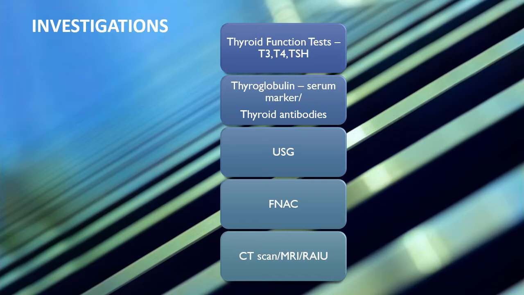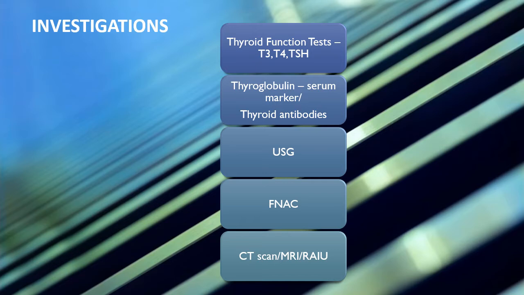The imaging technique of ultrasound is one of the most useful and commonly done imaging techniques in thyroid tumors. It not only shows the nature of the lesion, it also can be used to detect any metastasis in the neck lymph nodes. And the next one is FNAC, fine needle aspiration cytology, which is a very important and useful investigation these days.